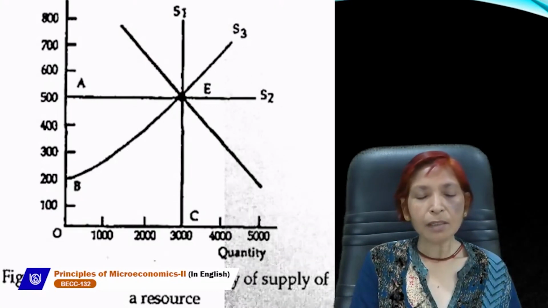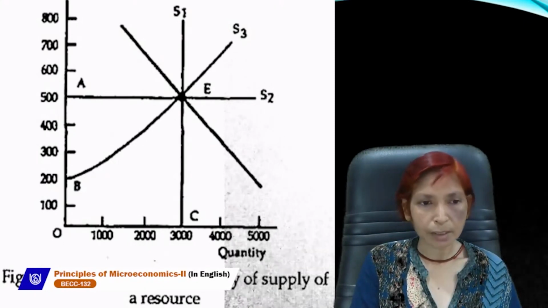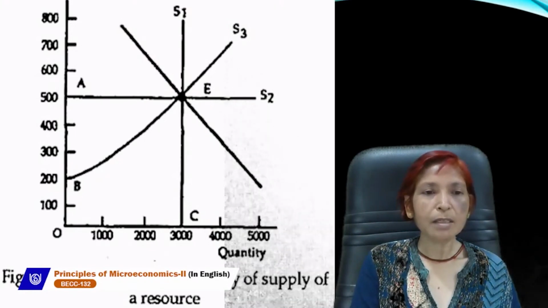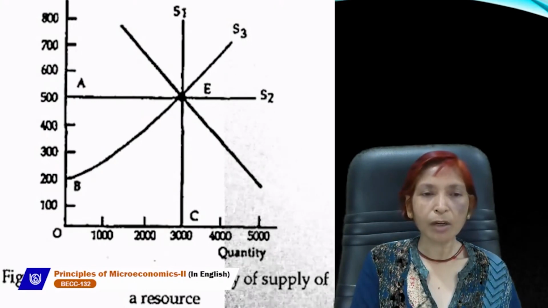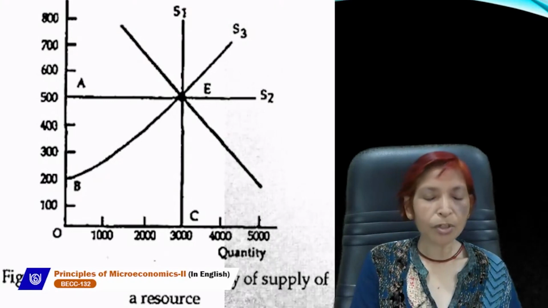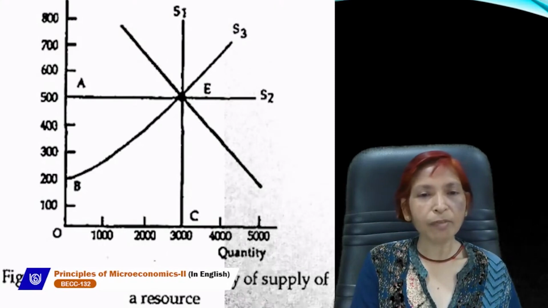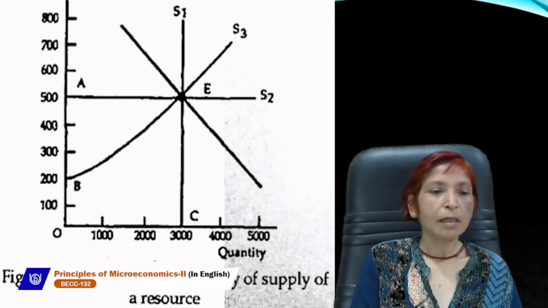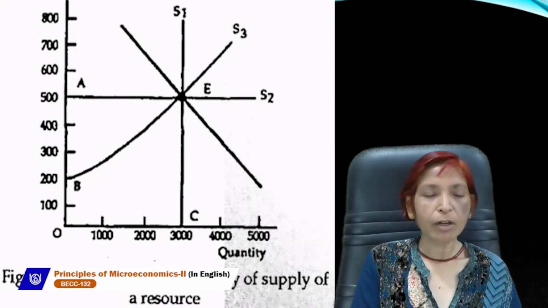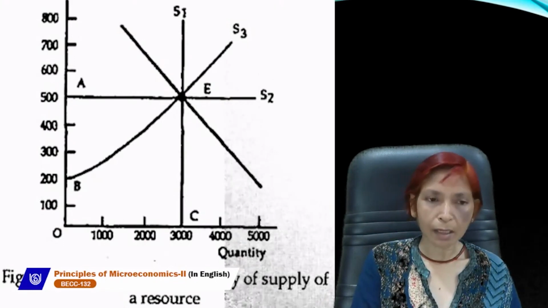Where all these curves intersect each other, equilibrium point E is determined. At this equilibrium point, when supply is perfectly inelastic, the whole portion will be economic rent. When supply is perfectly elastic, the whole portion will be transfer earning. When supply is neither perfectly elastic nor perfectly inelastic, then the area above the supply curve will be economic rent and the rest of the portion will be transfer earning.